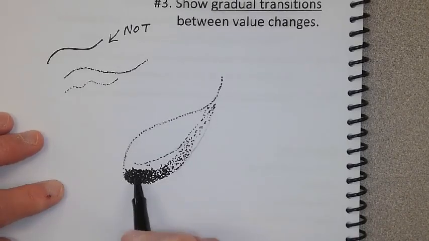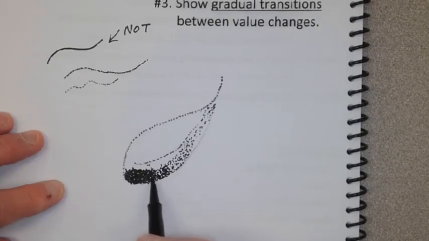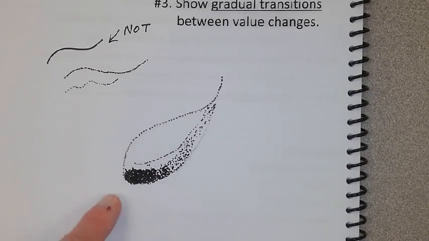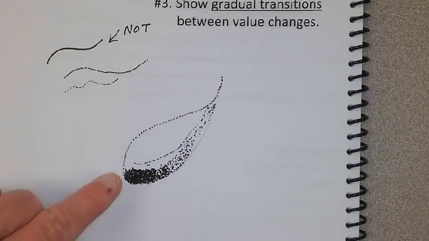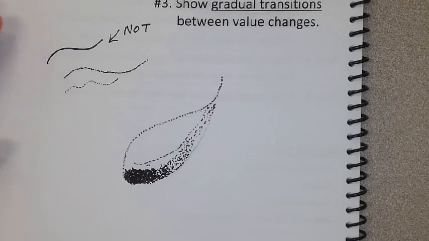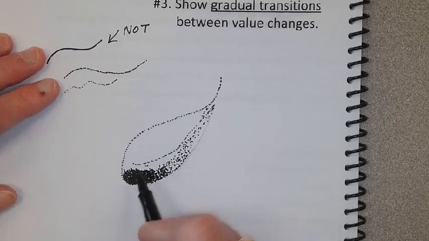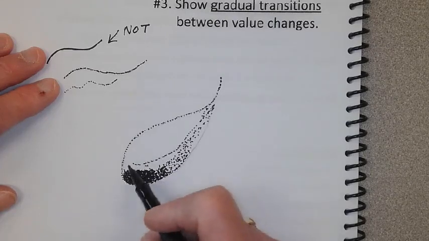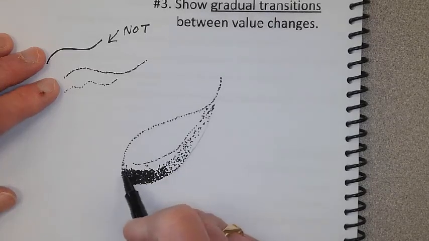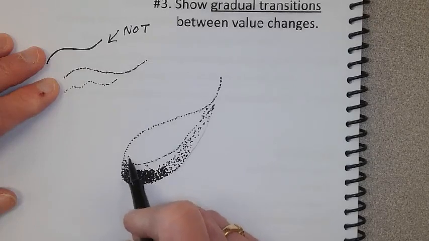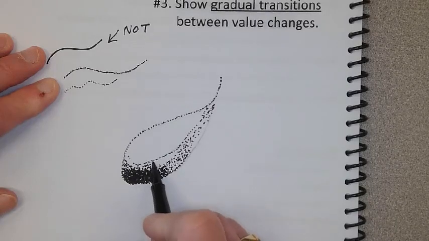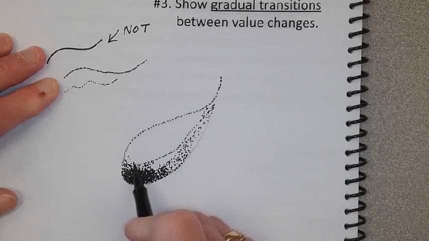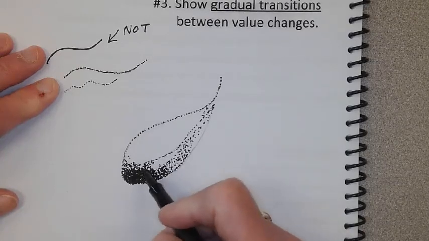I did lots of dots piled on top of each other. This is what I call a non-gradual transition. What is going to look better and more impressive is instead of creating a harsh line in my leaf, let some of these dots crawl out and create a middle shade. So get rid of that harsh line.